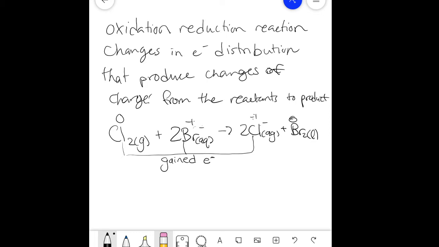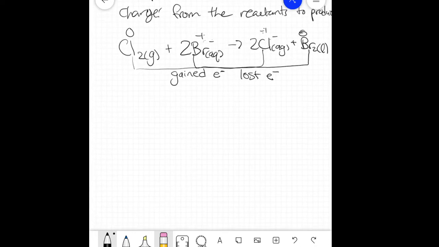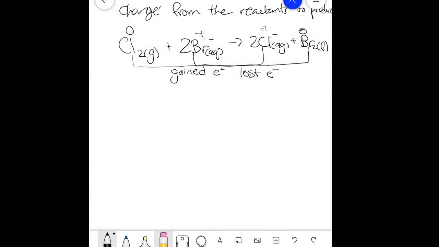But from the reactants to the products, bromine lost an electron because its charge increased. That's basically what oxidation reduction shows: how the electrons moved around. There is a lot of vocab that goes with this, so let's start breaking it out.